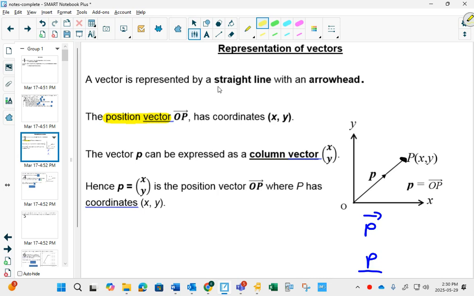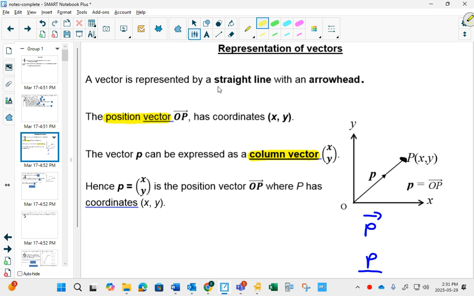So if you have the coordinates x, y, you have a position vector. Now, instead of writing them as coordinates like this, we write vectors as column vectors, with the x coordinate on top and the y coordinate on the bottom. And you'll see different textbooks write vectors in different ways.